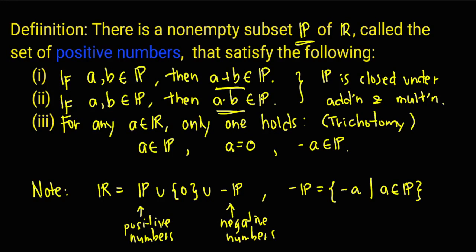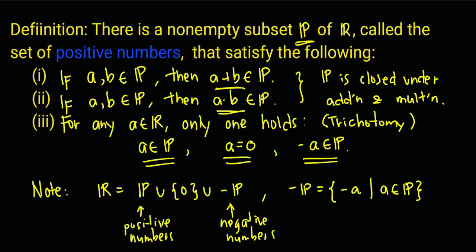Now, the third property of this set is that for any real number A, only one of the following holds. Either A is positive, or A is 0, or if that is not true, then negative A is the one which is positive. So for example, if we take the real number 2, 2 is positive. It is not 0, it is not negative. So if the number is not positive, and it is not 0, then its negative, or its additive inverse, must be the one which is positive.